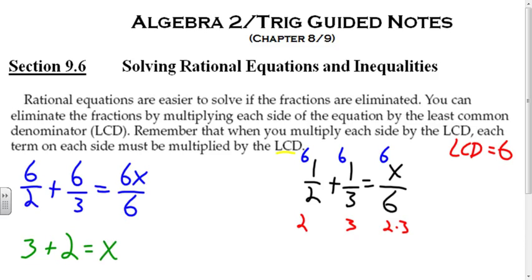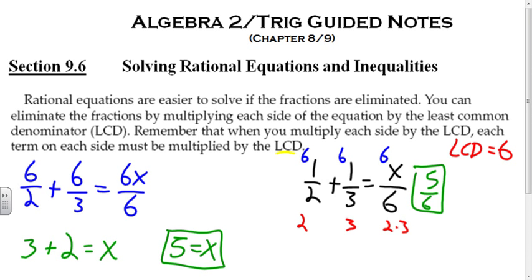Now it's just a normal, regular equation that we can spell right out. 3 plus 2 is 5, so 5 equals x. And that's how we would solve that. So we would say then that 1/2 plus 1/3 equals 5/6. So that's the main basic concept.